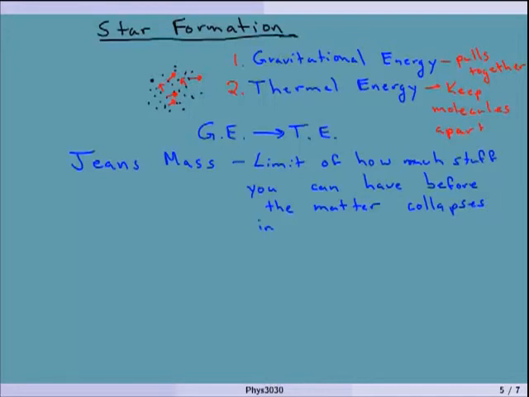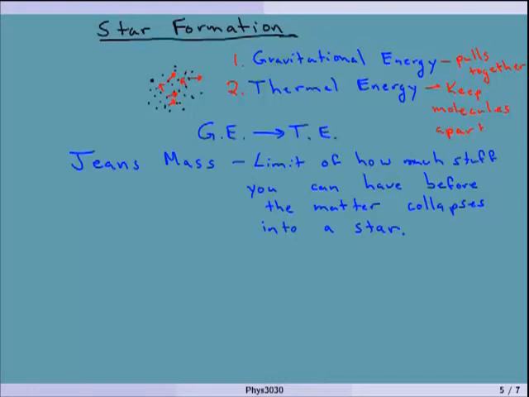And by collapses here, I really mean collapses into a star. We're not talking about collapsing into a black hole. We'll talk about that later. But there's this limit called the Jeans mass, and there's a Jeans length that's in your book.